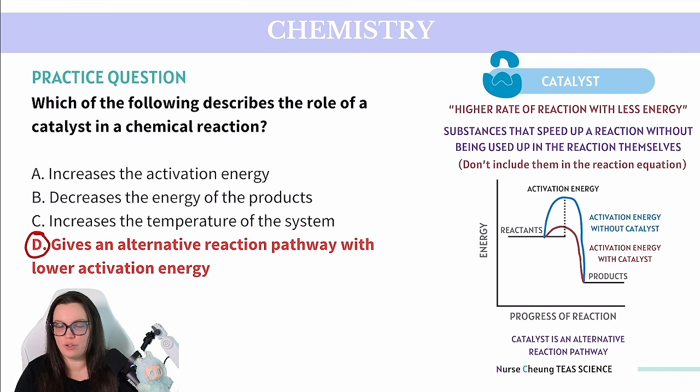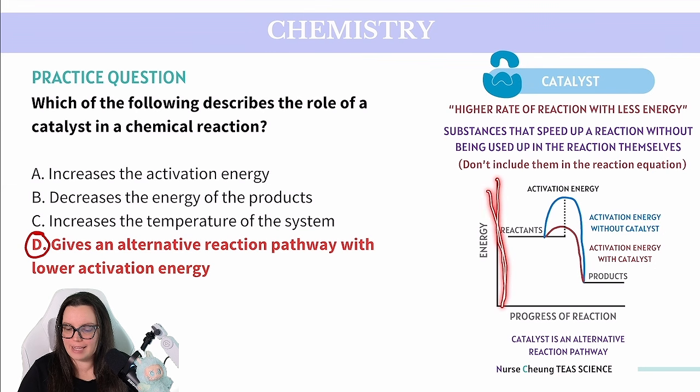So let's take a closer look at our example over here on the right side. If we were to look on our y-axis, this is the energy axis, and our x-axis, this is the progress of the reaction. If we were to look at something that, say, didn't have a catalyst, that would be our blue line right here. It's going to need a lot of energy in order to make that happen.